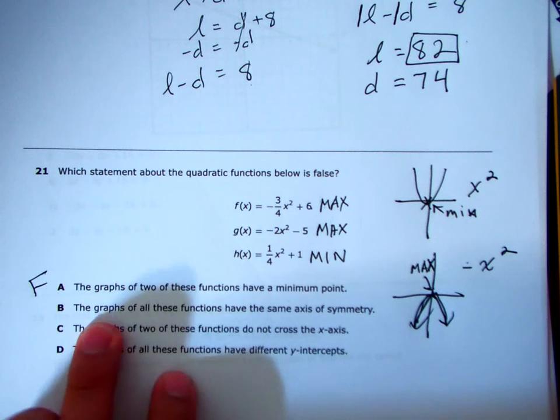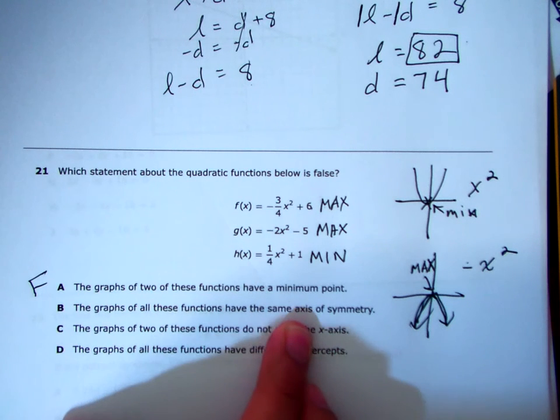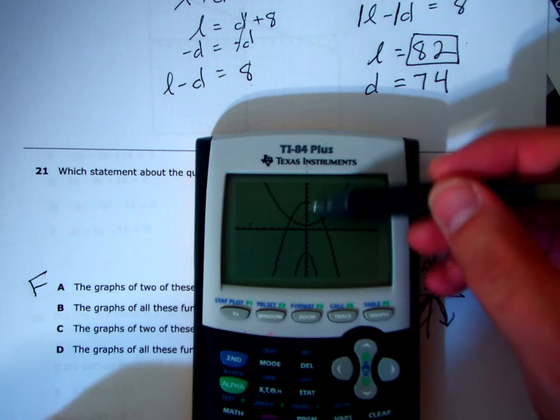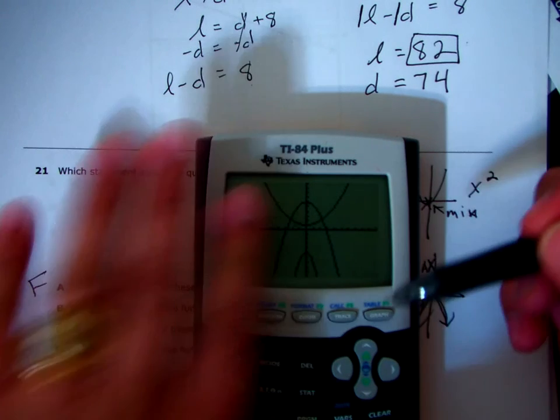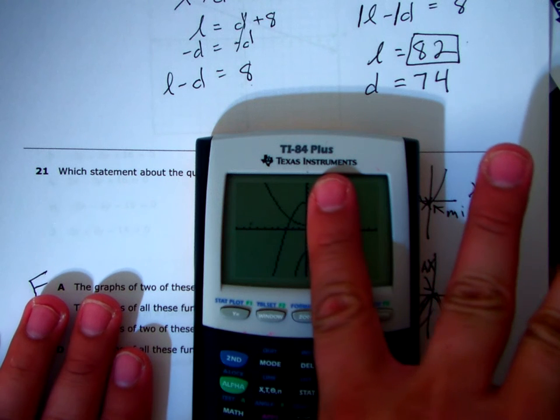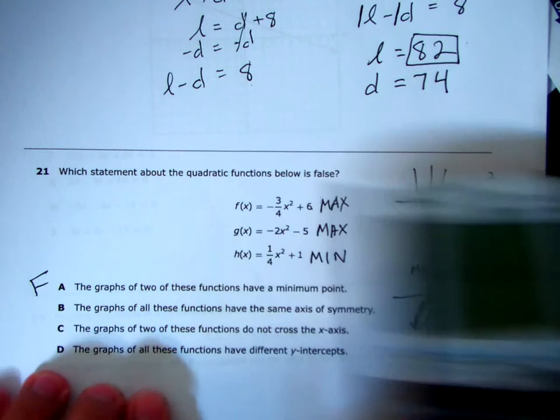The graphs of these functions have the same axis of symmetry. That's true because if we draw a line down here, this side copies what? This side. You agree? Like a mirror image. So this is true.